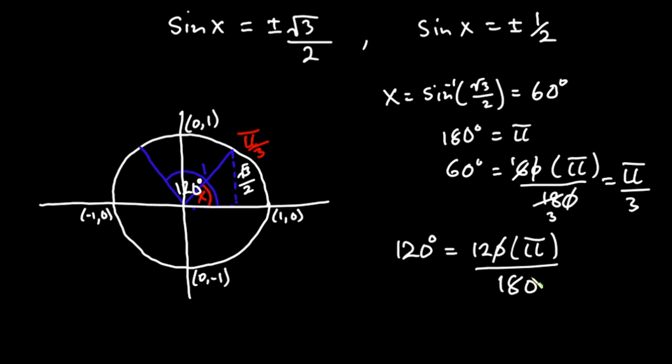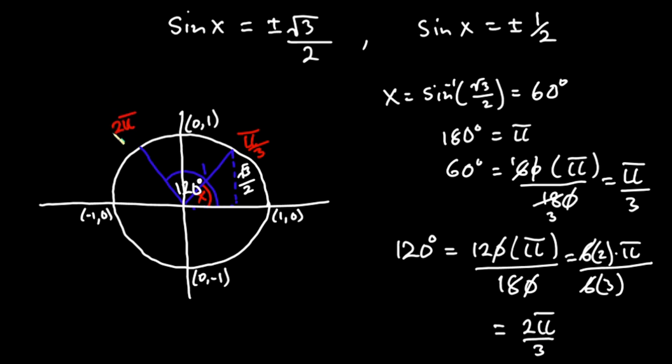So straight away this will cancel this, and 12 is the same as 6 times 2, then times pi divided by 18, which is the same as 6 times 3. We see that this will cancel this, so we're going to have 2 pi over 3. So it means that 120 in radian is going to be 2 pi over 3.